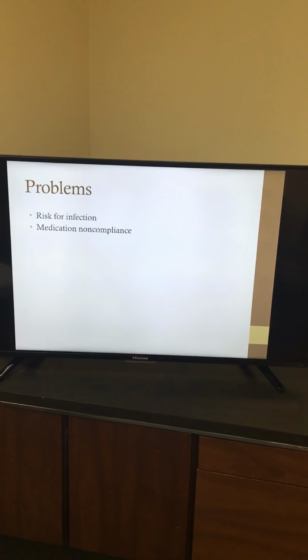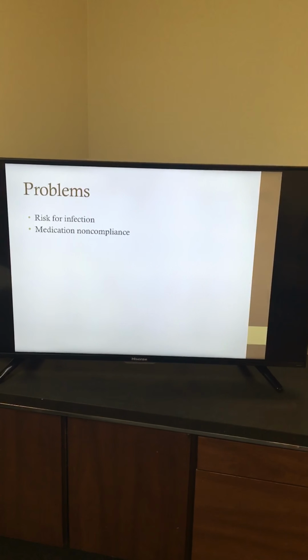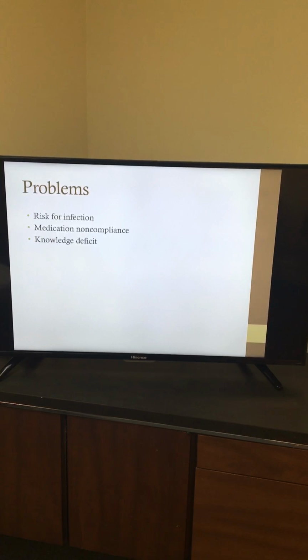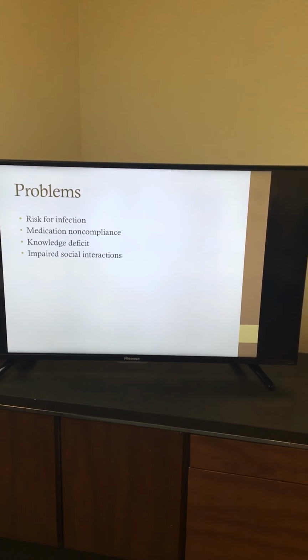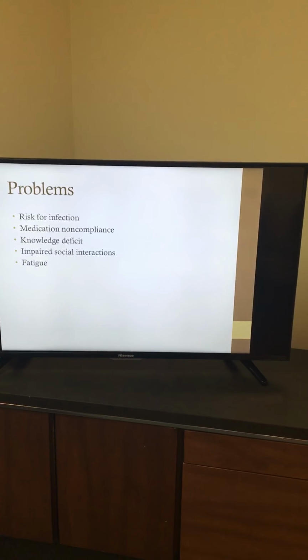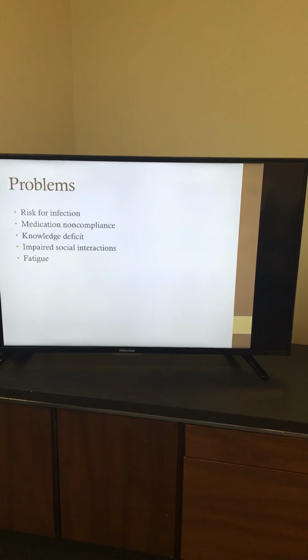Risk for infection, medication noncompliance, knowledge deficit, impaired social interactions, and fatigue.